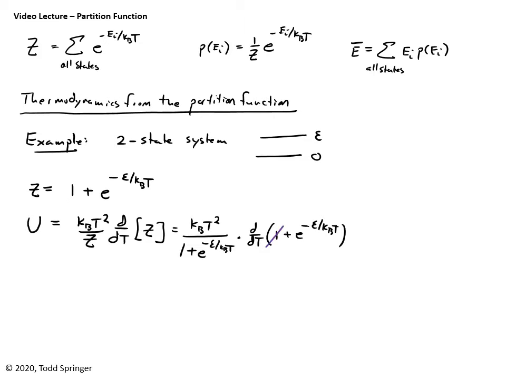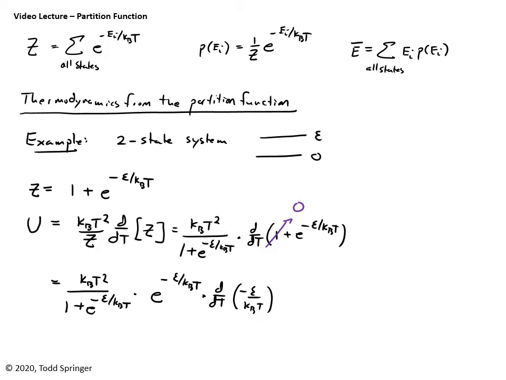The derivative of 1 is 0, so that's easy. And then I've got the derivative of the inside here, e to the minus epsilon over kBT, times the derivative of the exponent from the chain rule, which is minus epsilon over kBT.